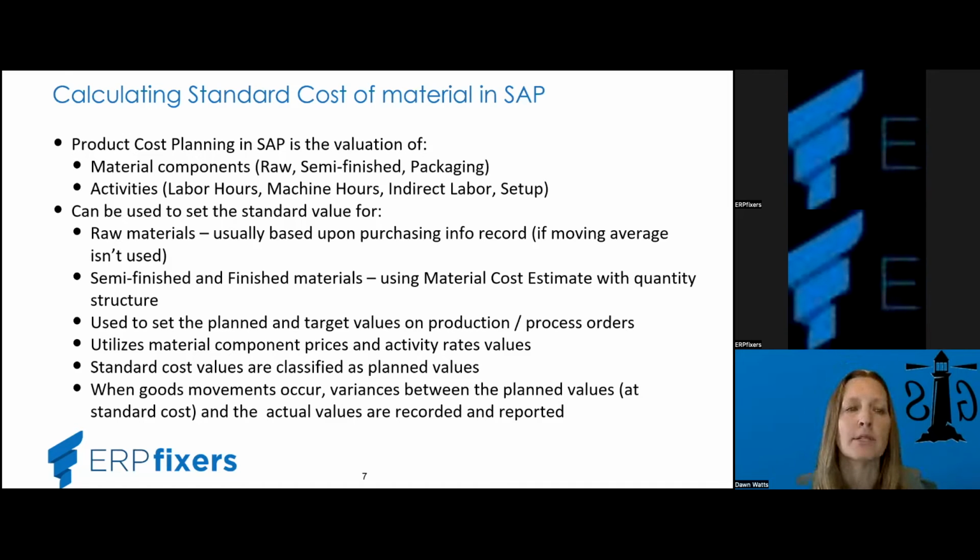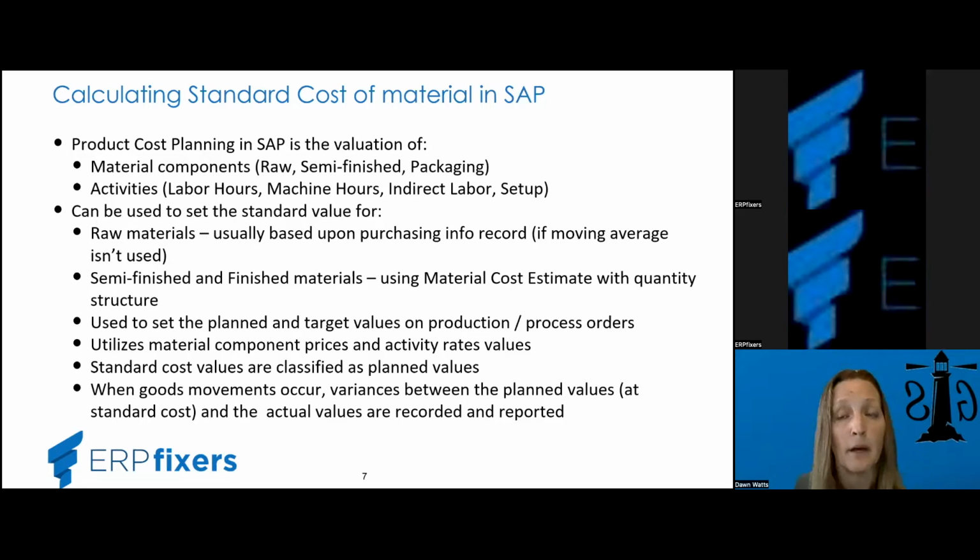And the standard costing can be used to set the standard value for raw materials and semi-finished and finished materials. And for raw materials, it's usually based upon a purchase info record. That's a pretty standard best practice, to use purchase info record to enable that value if you want to have standard costs for your raw materials.